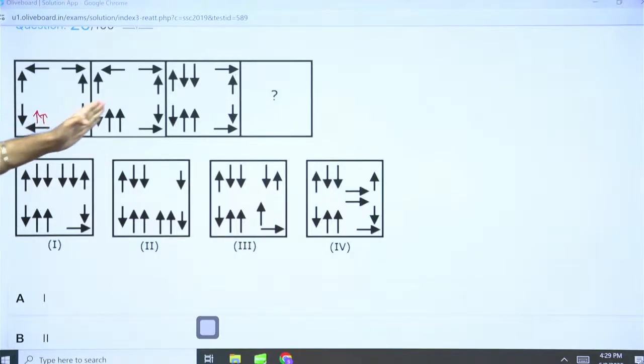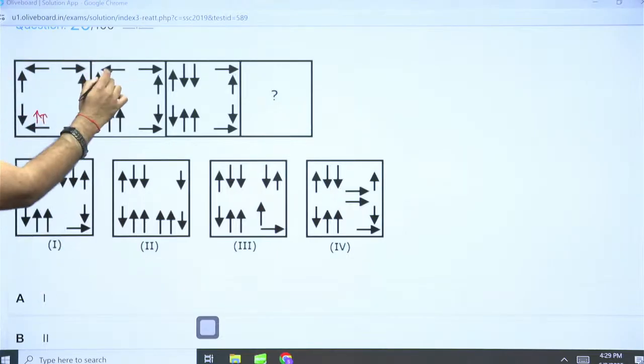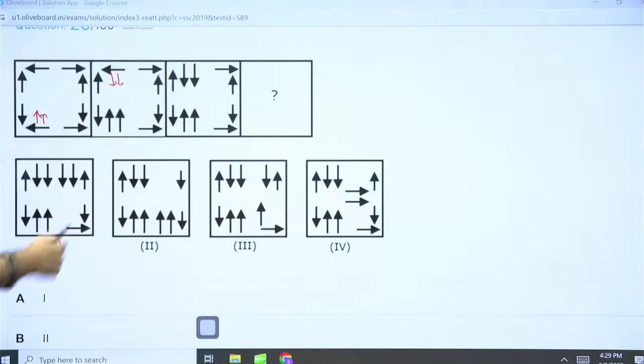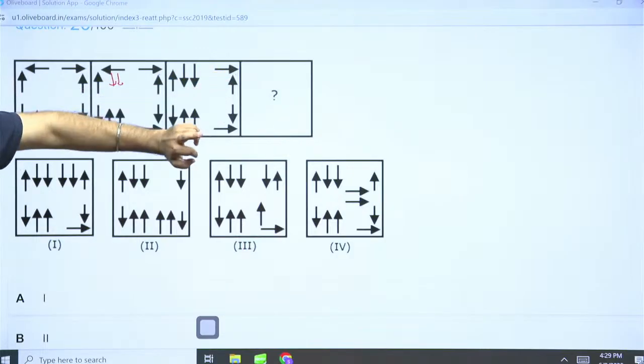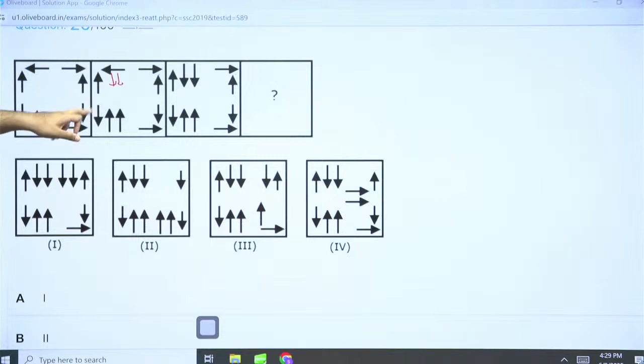The next, now from here to here everything is the same, just this is turned 90 degree anti-clockwise and we are adding another arrow here. So now technically, should this change? Or are we skipping 2 arrows in the middle? So we should skip 2 arrows and change this one. This time there will be a clockwise turn. So this should point downwards, which is not happening anyways. D, okay. Nilesh is saying D.